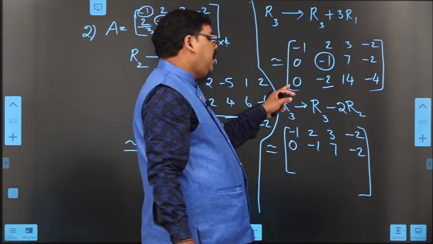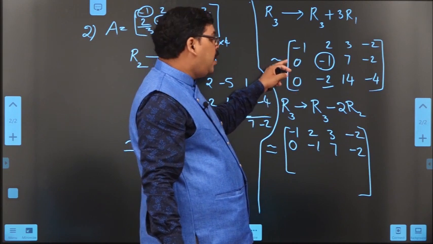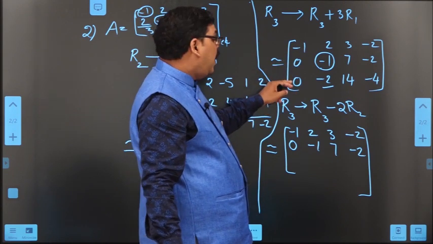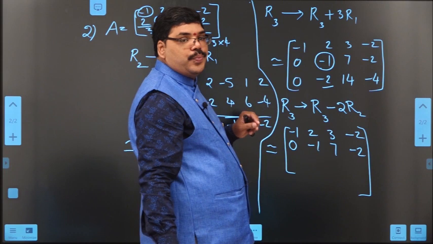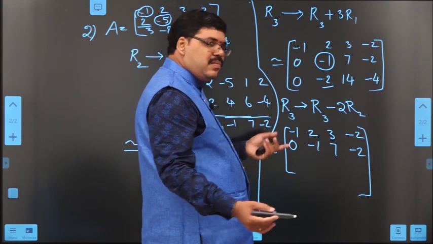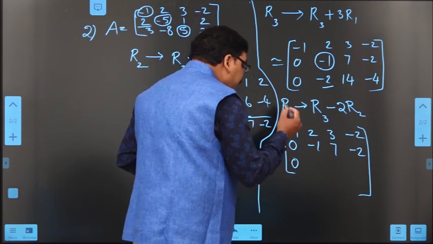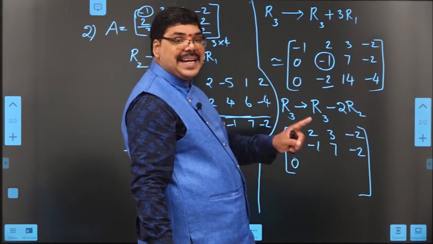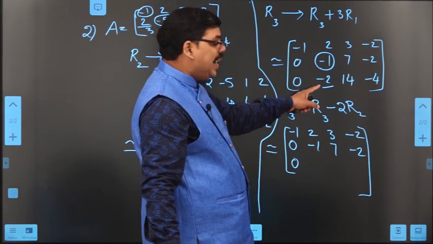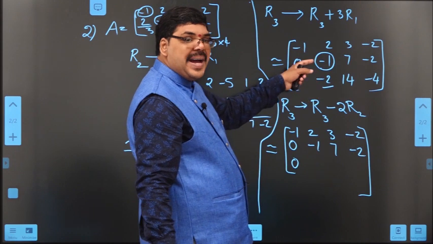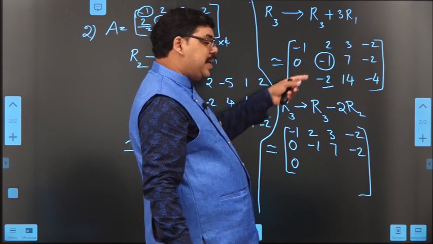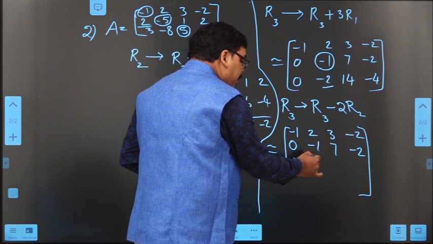So this is R3, this is R2, R3 minus 2R2, 0 minus 0, 0, come to the second position. Minus 2, minus of minus 2, minus 2 plus 2 becomes 0.